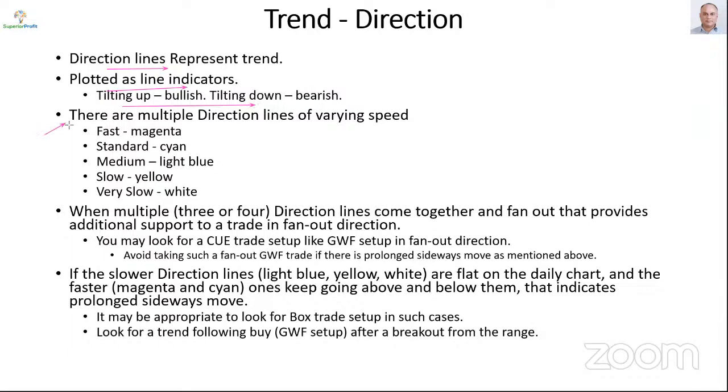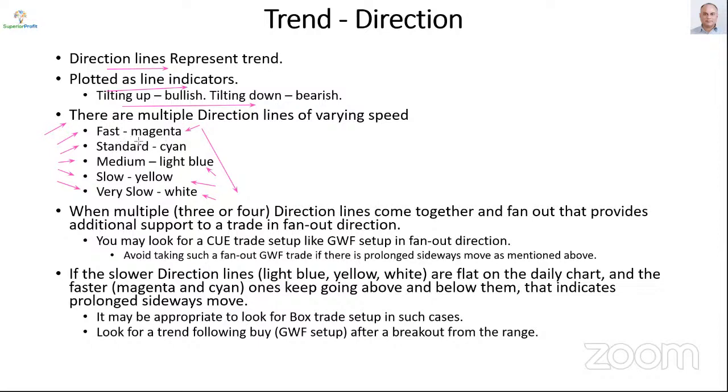There are multiple direction lines of varying speed. The fastest one is magenta, then cyan, then light blue, then yellow and white. And how I colored them, I tried to keep the color temperature in mind. Magenta is understood to be of higher color temperature. White, yellow, blue, lower color temperature.